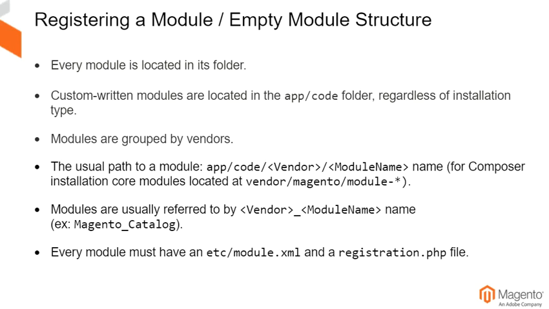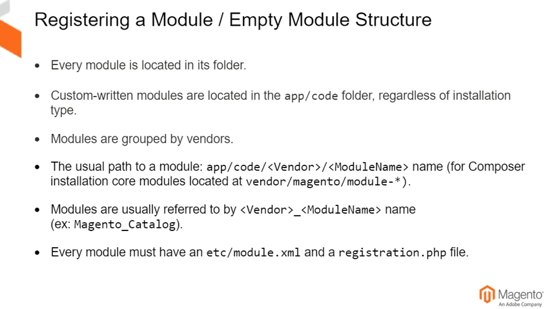Modules are grouped into vendors, so typically you define a vendor folder first, for example, app/code/MagentoU. MagentoU is a vendor name here. And then a module name, for example, app/code/MagentoU/MyModule. MyModule is a module name. In Magento, modules are named Vendor_Module.